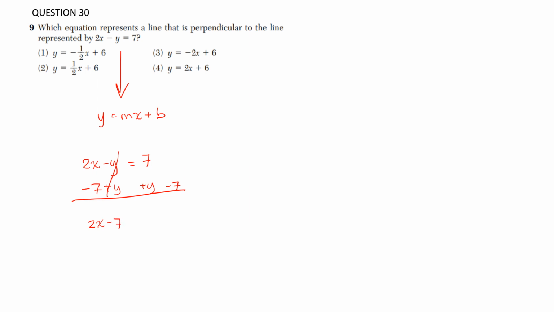So we have 2x minus 7 equals y, because this cancels with this. So it's y equals mx plus b. Now, very important to know is when something is perpendicular, we sort of went over this in a previous question, the slopes of lines are negative reciprocals.